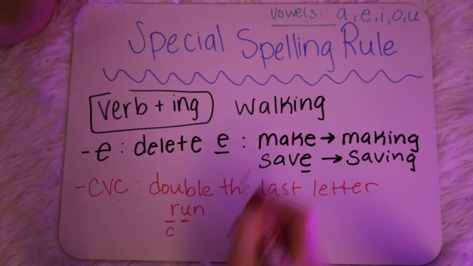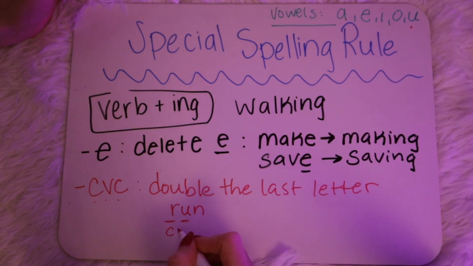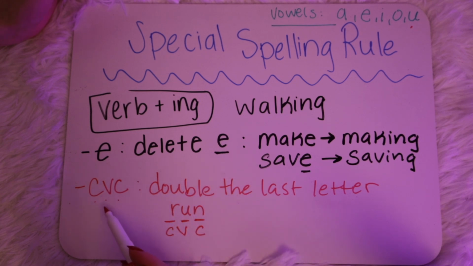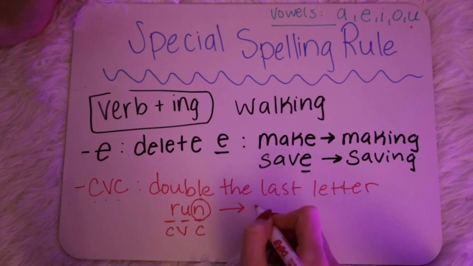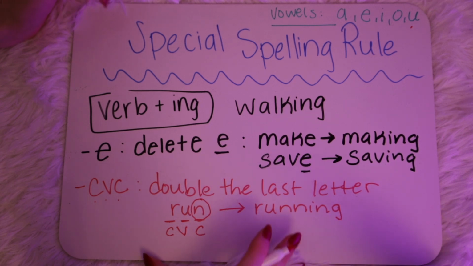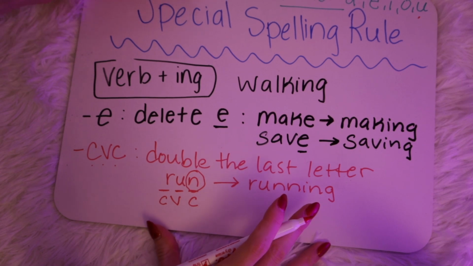U is A-E-I-O-U, so it's a vowel. And N, a consonant. So we have the consonant, vowel, consonant pattern. That means we need to double the last letter, which is N. Running, running. Let's do one more example.